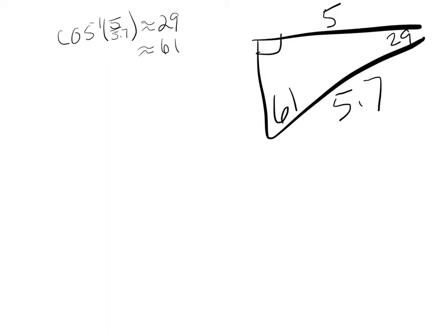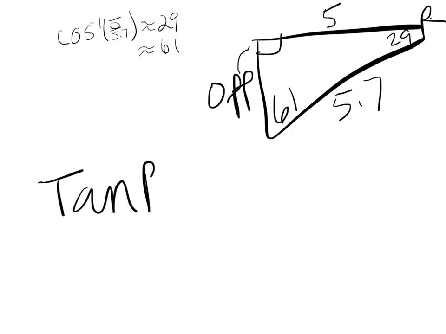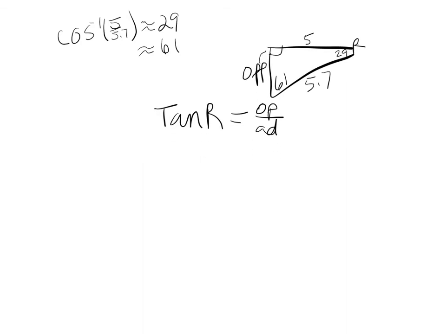What I could do now is say, okay, well, here's R. Now I could find this, which is the opposite. I could do tangent of R equals opposite over adjacent. So this is method 2. This is a little more difficult way of finding the side length, where you could just use the Pythagorean theorem.